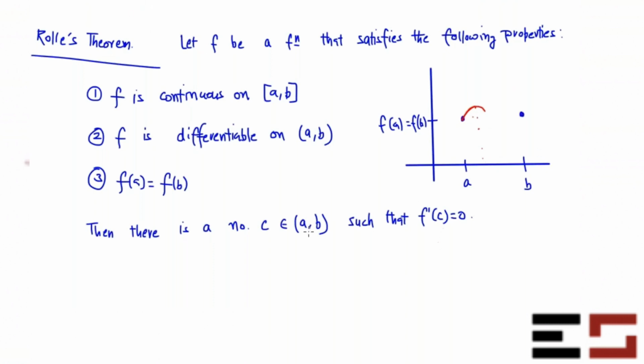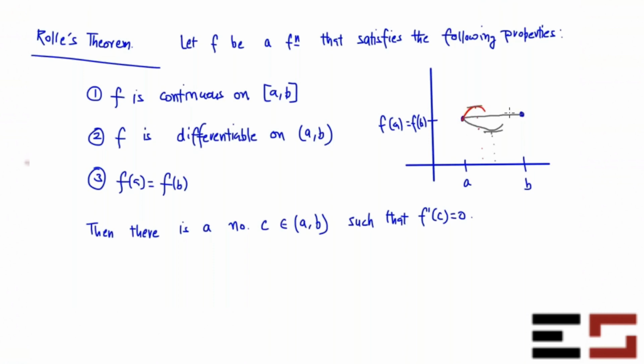The other possibility is that the function goes down here. Then it has to come up to actually reach this point. Again, whenever it does that, there'll be a point where f prime of c is 0.